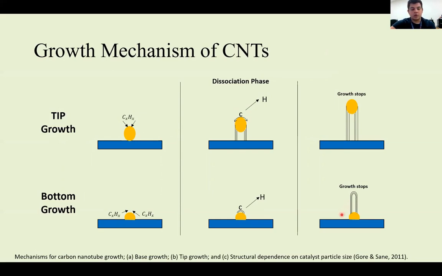On the other side, in the bottom growth, the carbon nanotube precipitates on the surface of the nanoparticle, growing a carbon nanotube on the surface of this nanoparticle.